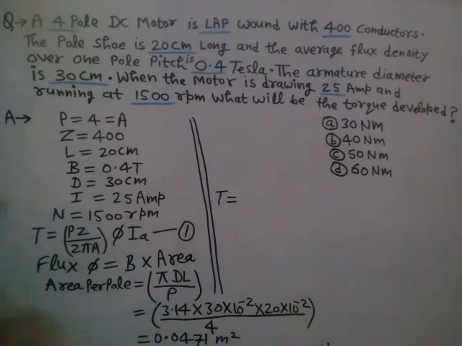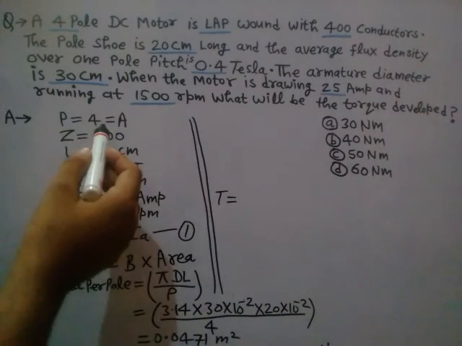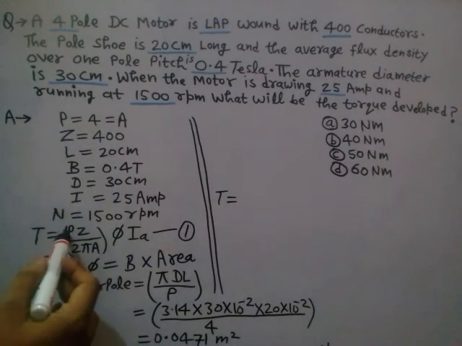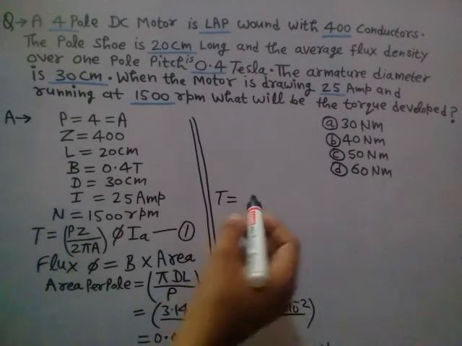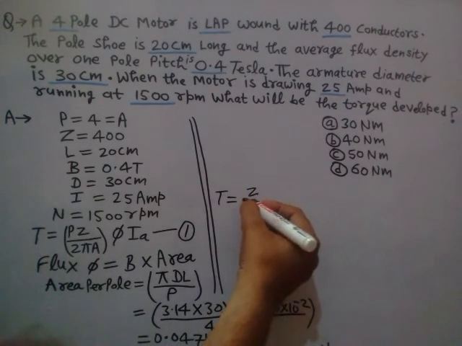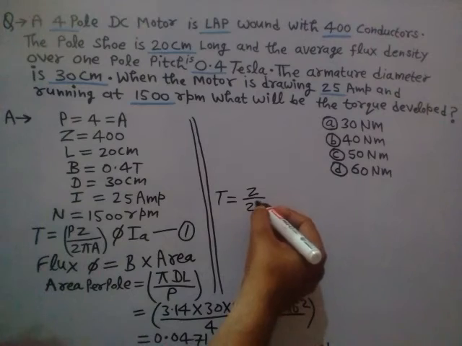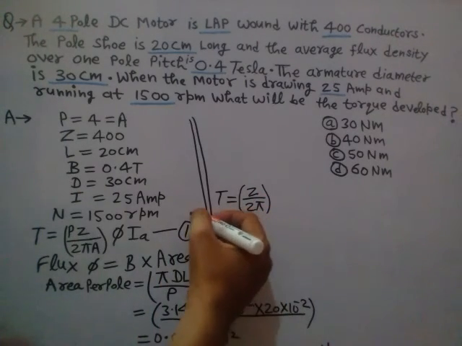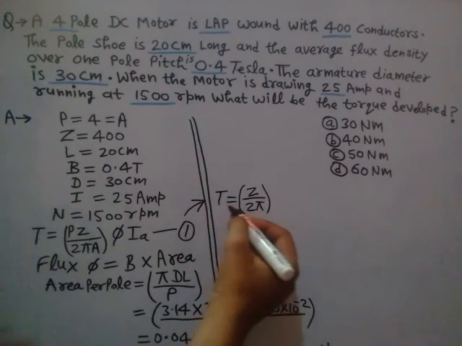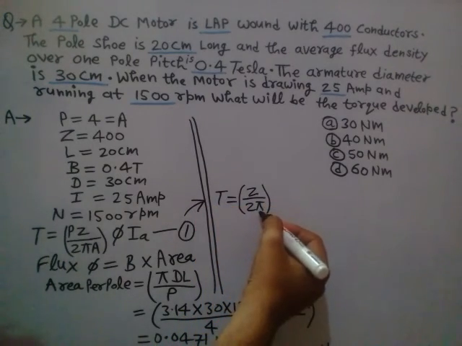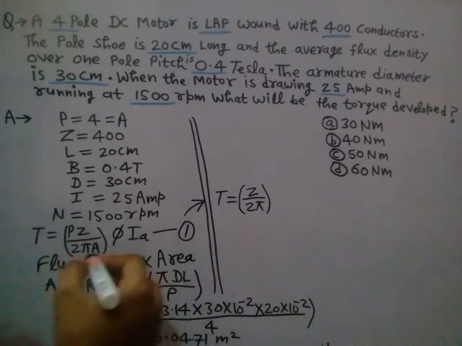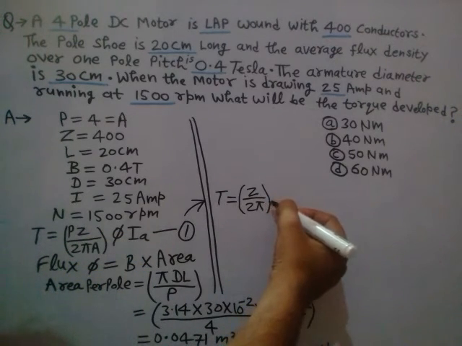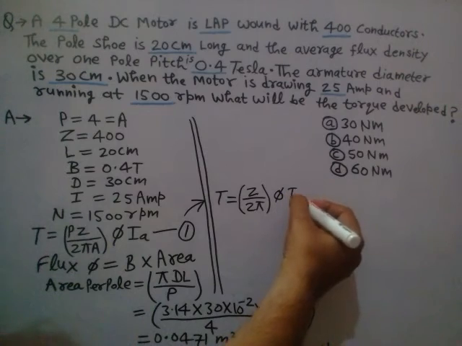So you know that it is a lap connected machine, so number of poles is equal to number of parallel paths, A is equal to P. So P gets cancelled with A, so torque will become Z by 2 pi, right, from equation number 1. T is equal to Z by 2 pi, P and A are equal, so they get cancelled. So Z by 2 pi into phi into Ia.